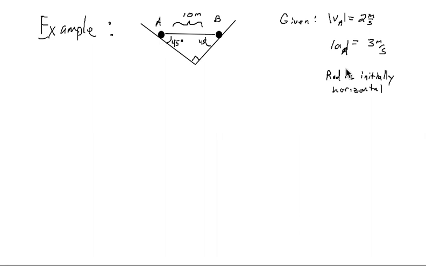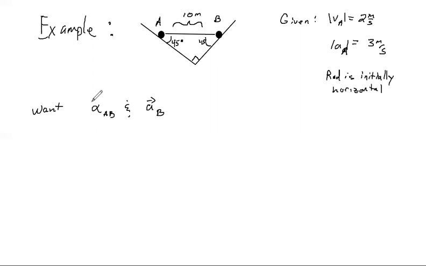And we are going to use those to determine the angular acceleration of rod AB and also the acceleration of point B. So we want to find alpha AB, and we want the acceleration of point B.